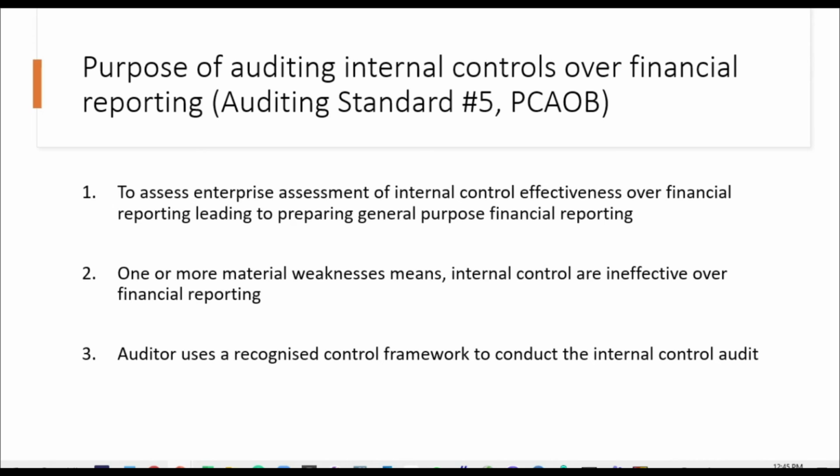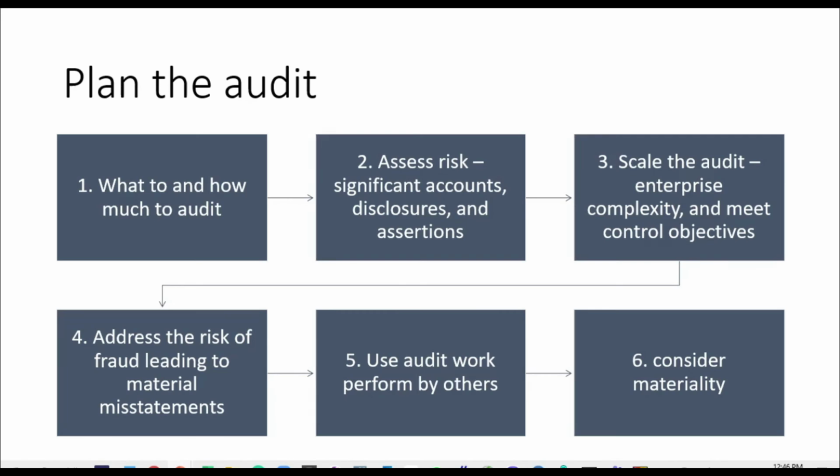It is to assess the enterprise's assessment of internal controls effectiveness over financial reporting, leading to preparing general purpose financial reports, that is for stakeholders, and one or more material weaknesses in internal controls means that they are ineffective for financial reporting. Auditors use a recognized control framework to conduct the internal control audit.